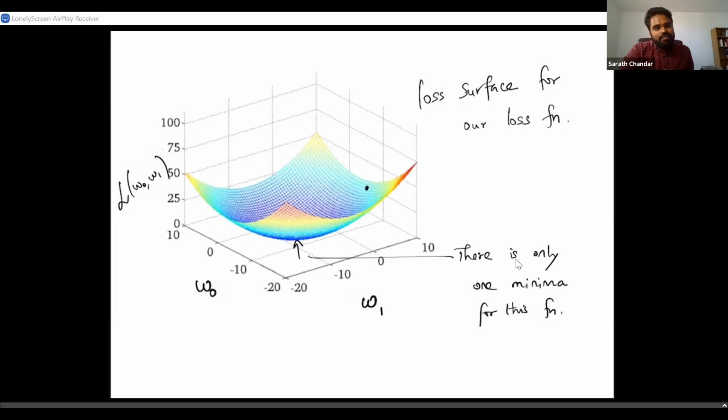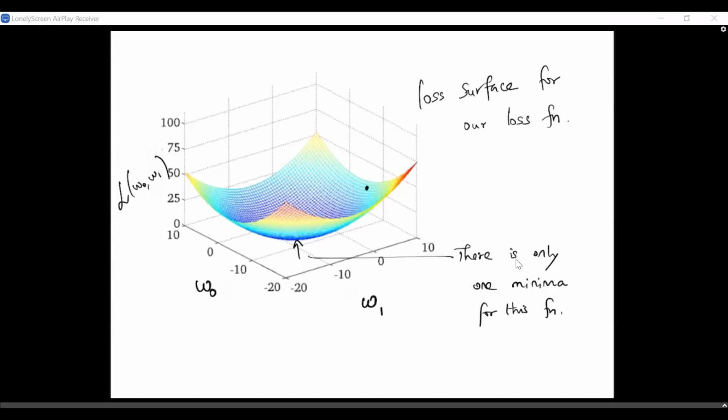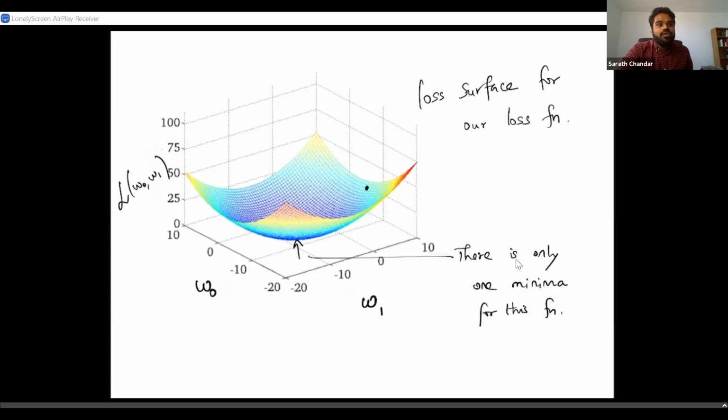Okay, so you do that for the analytical solution, right? You differentiate, set it to 0, and you find the analytical solution. Let's say you cannot find that analytical solution. In that case, how would you solve this problem? Oh, you mean the function is not differentiable? No, you could compute derivatives for the function. It is just that you cannot compute the analytical solution for the derivative equal to 0.